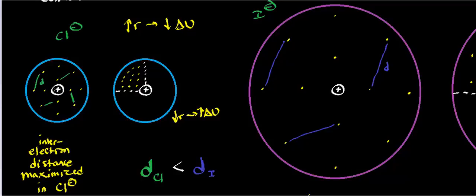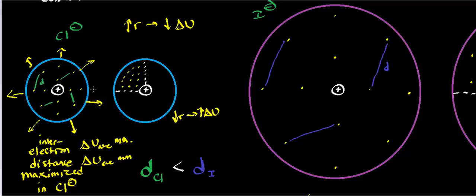Because the potential energy is radially in all directions, and because all the distances are maximized, it doesn't cancel completely, but essentially the potential energy due to the nucleus and electron interactions is minimized. Also, the potential energy due to electron-electron interactions is minimized because the distances between the electrons are maximized.